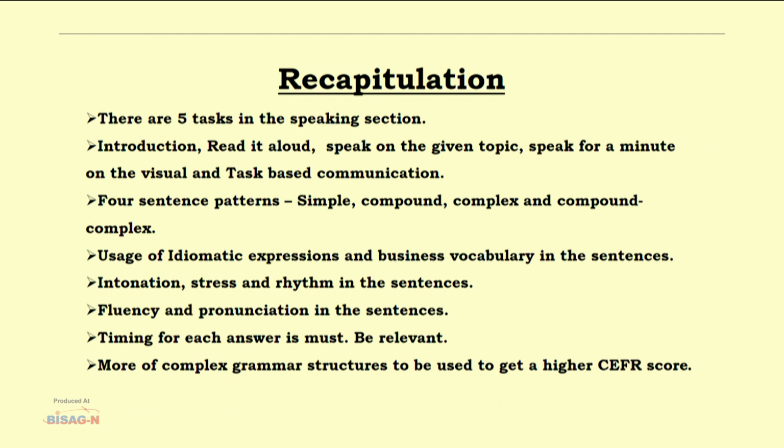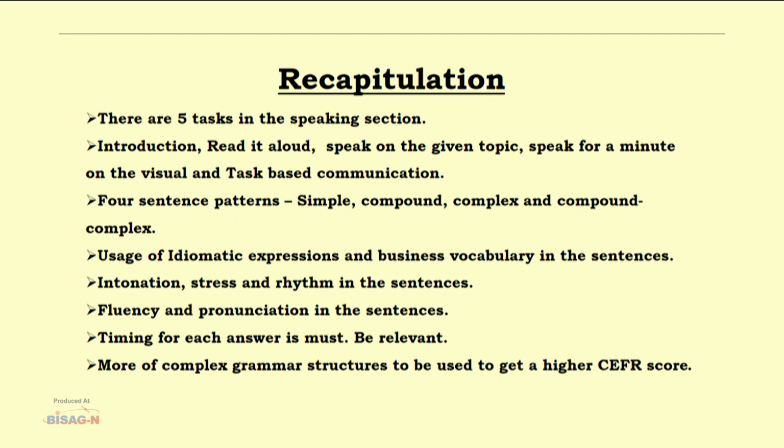We also saw that there were a lot of intonation, stress and rhythm that the candidate must put on the sentences while speaking. It is also essential that the candidate focuses on the fluency and the pronunciation of the sentences.